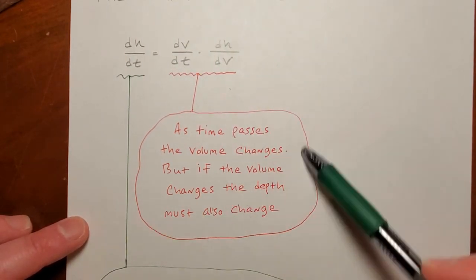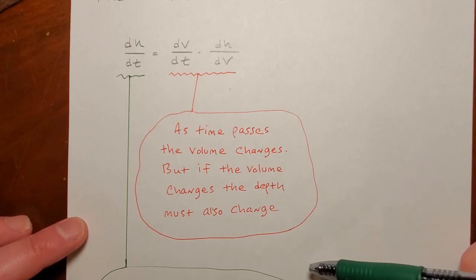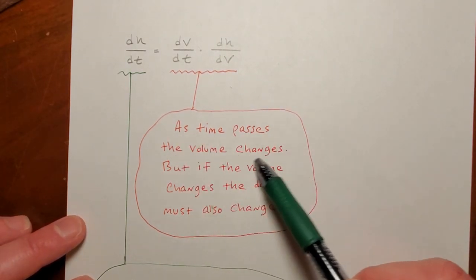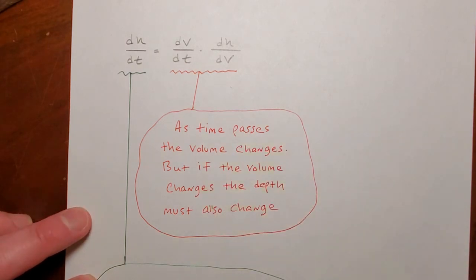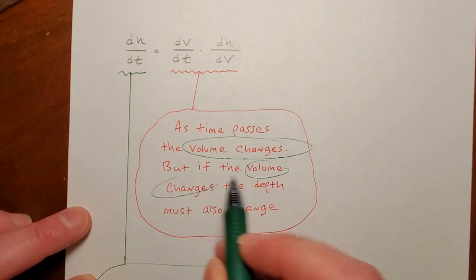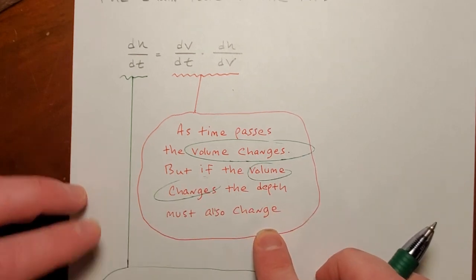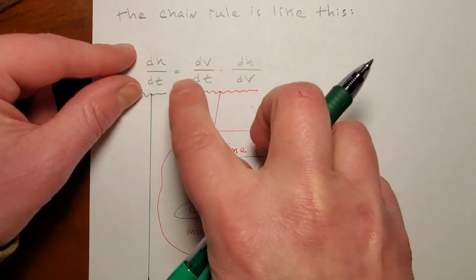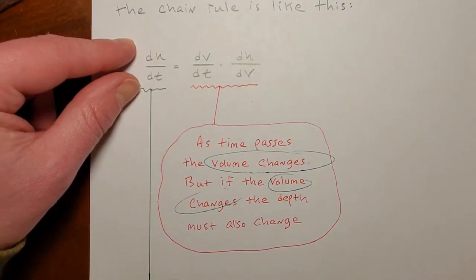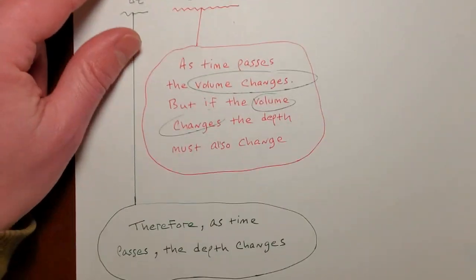So I can look at the right-hand side of the equation like that. Now you can almost see the canceling that I was just talking about right there. As time passes, the volume changes, right? But if the volume changes, then the depth changes. So that sounds like the depth changes with respect to time, okay? Because we started with time.